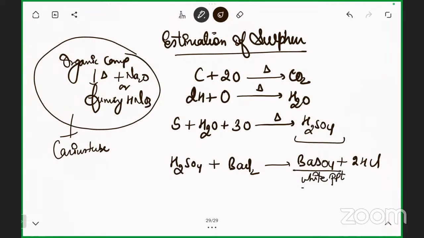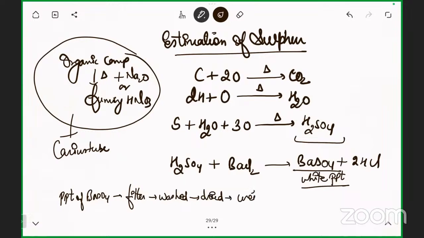You take this ppt of BaSO4, first filter it, then wash it, then dry it, and then weigh it. So you'll get the amount of BaSO4 formed. Now we'll do the calculation part.